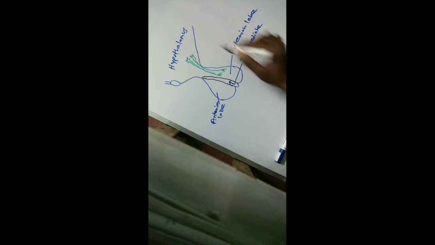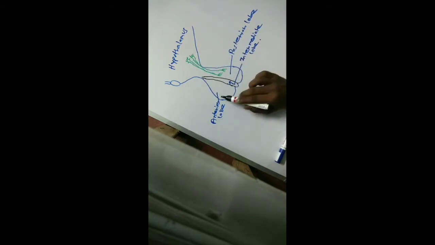And this is the posterior lobe. These are the structures of the pituitary and the different regions of the pituitary. This is anterior lobe, this is intermediate lobe, and this is the posterior lobe.